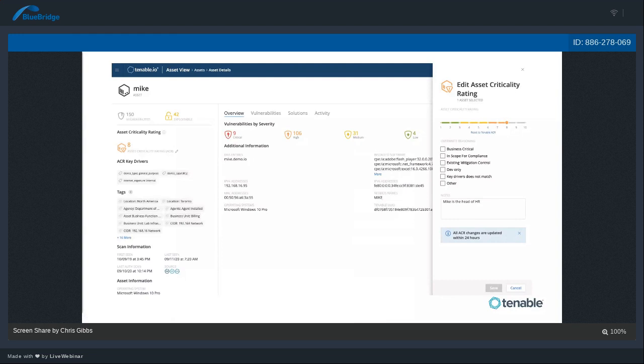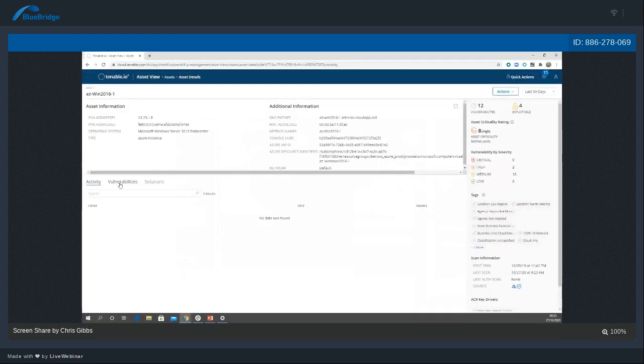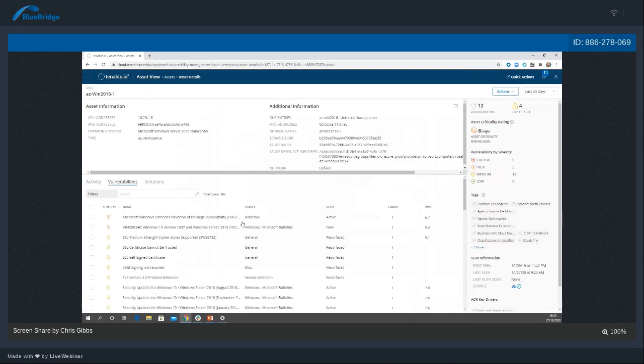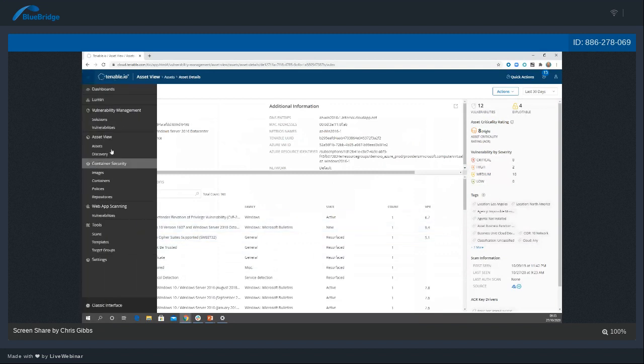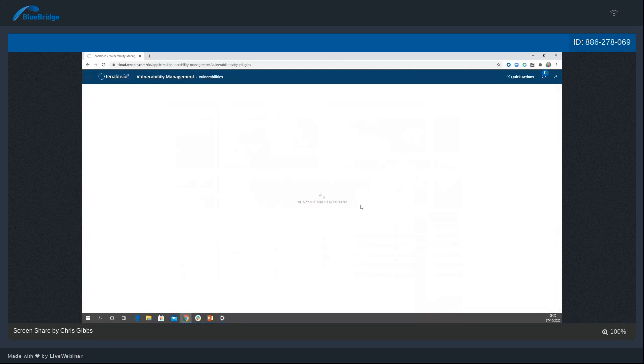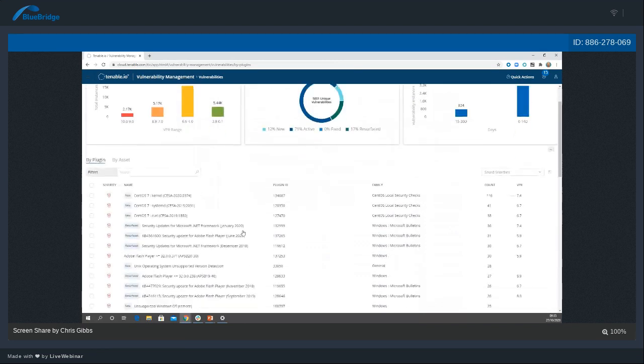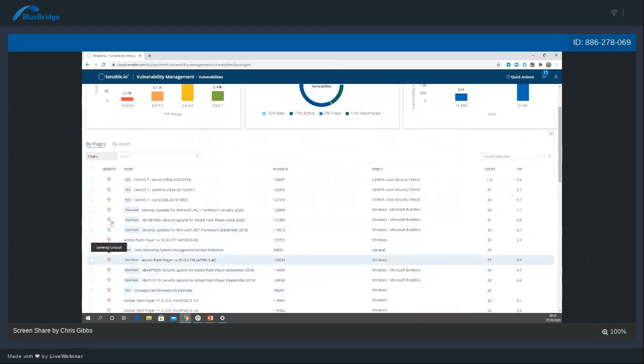The other criticality is the vulnerability criticality. Each vulnerability is given a VPR score. I'm going to jump to the actual vulnerabilities list here. What we can see is that we have our severity here.